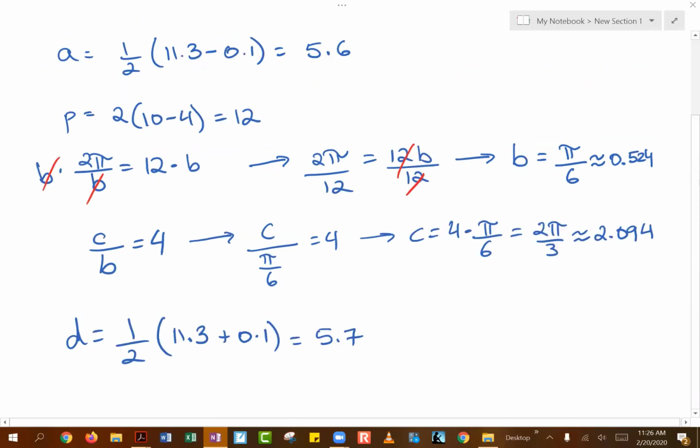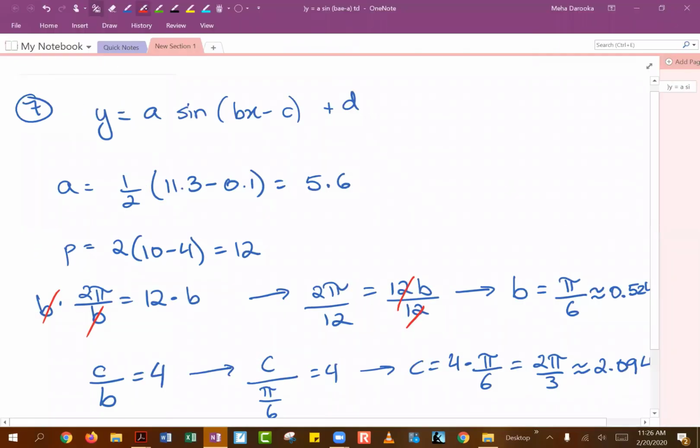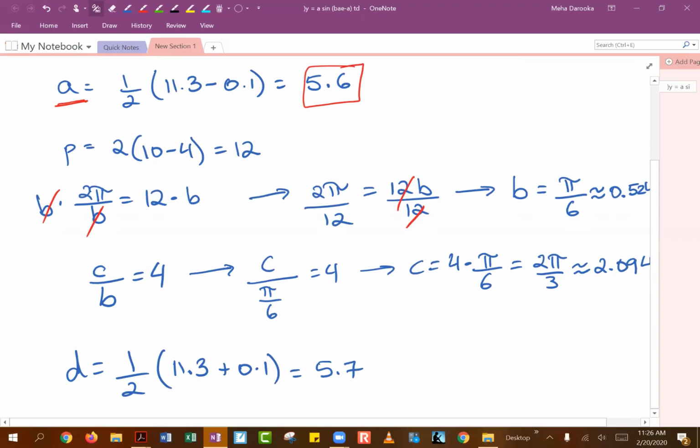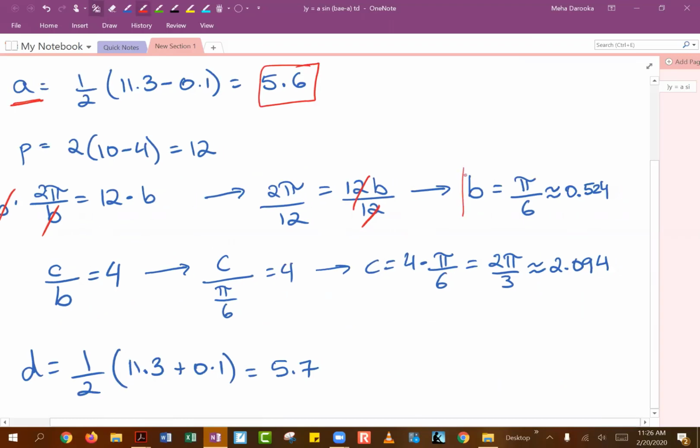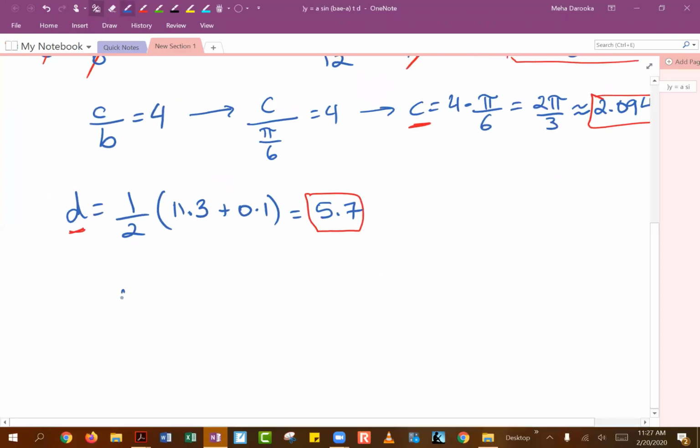So putting all of these A, B, C, and D values together, what will your sine function look like? Okay, go ahead. 5.6 for the A value.